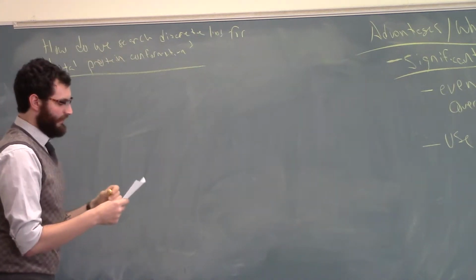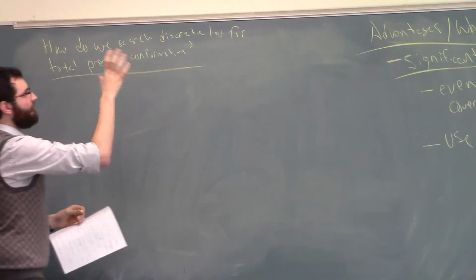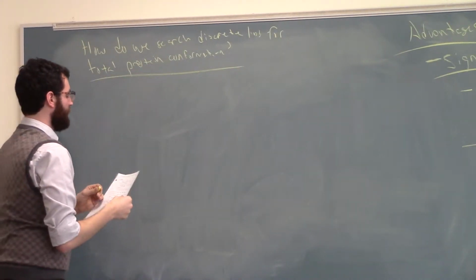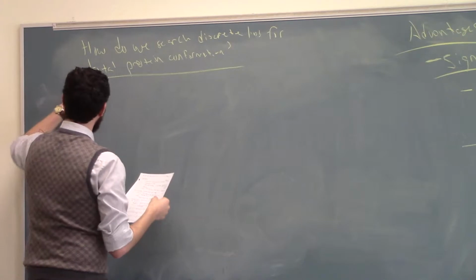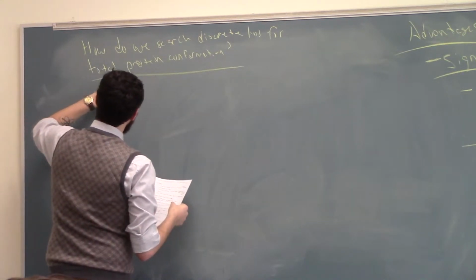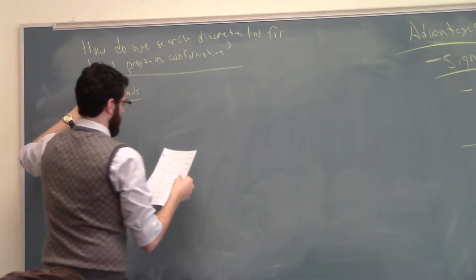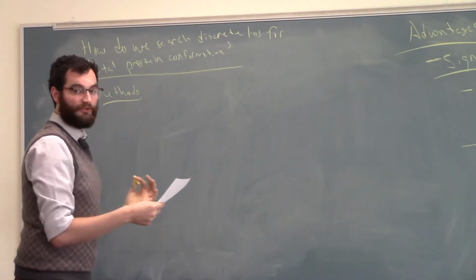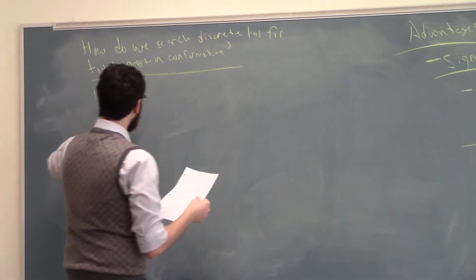Okay, so the idea here is we want to find from these libraries the conformation of a particular protein. And so there's several methods. I'm just going to list a couple of them out, and then we'll go into detail about one of them.